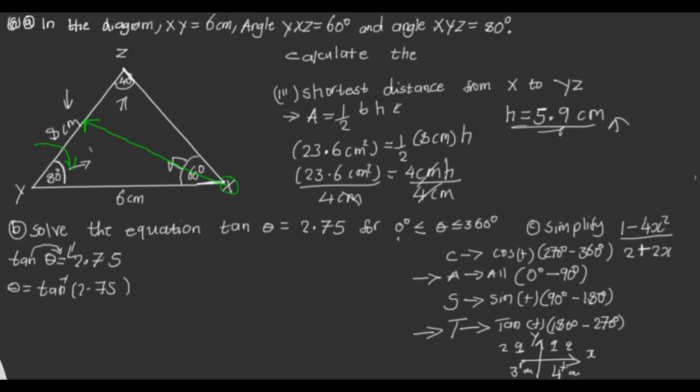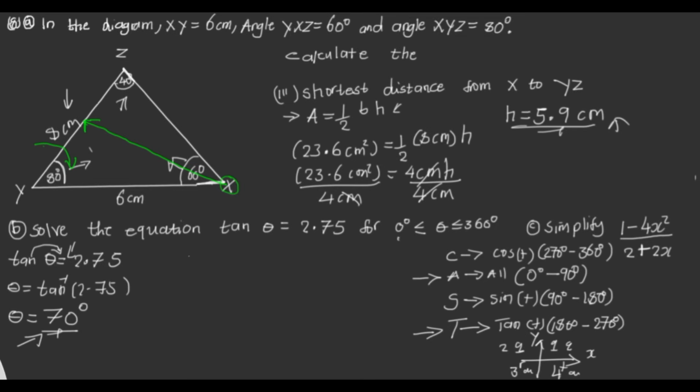So shift tan, then 2.75, we have our angle about 70.0. So we can just round it off to a whole number. We can see that our first angle here is 70 degrees, and 70 degrees is found in the first quadrant.